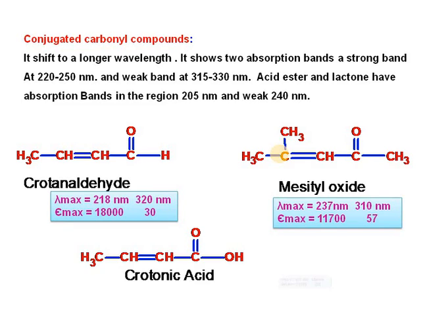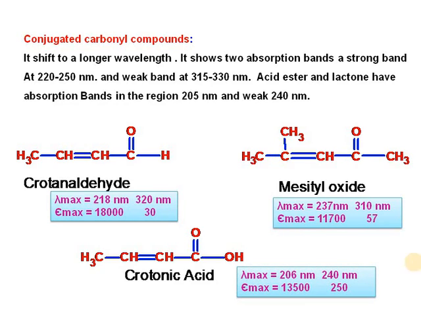as follows: the lambda max is 206 nanometers and 240 nanometers, but the extinction coefficient is about 13,500 for those bands. Therefore 206 nanometers is the strong band, and the other is a weak band due to its lower extinction coefficient.